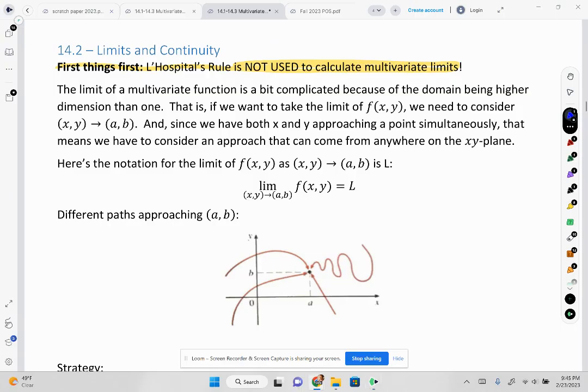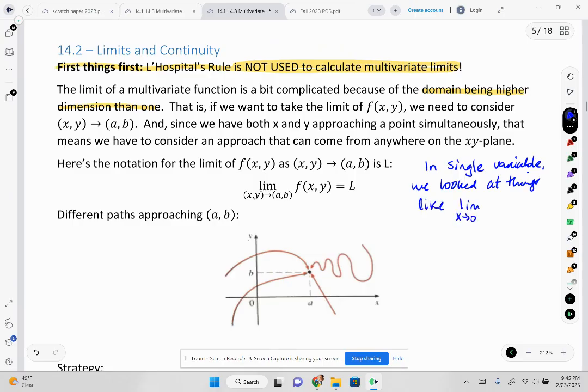So the limit of a multivariate function is a bit more complicated because our domain is higher than dimension 1. In single variable calculus, we looked at things like the limit as x approaches 0 of some f of x.